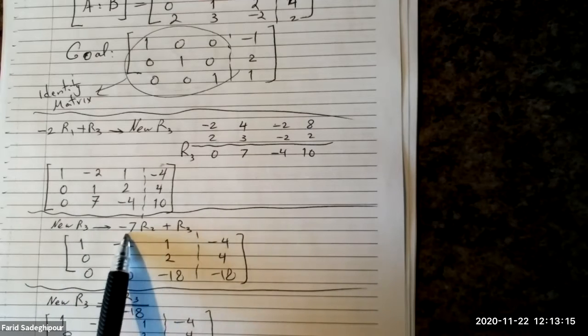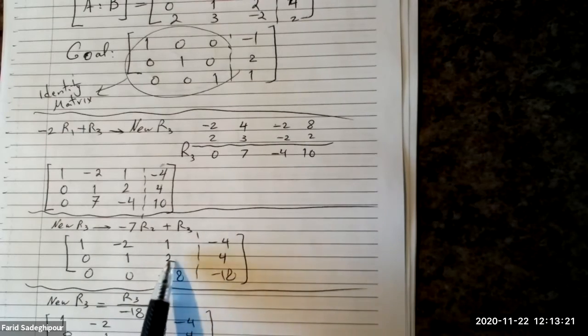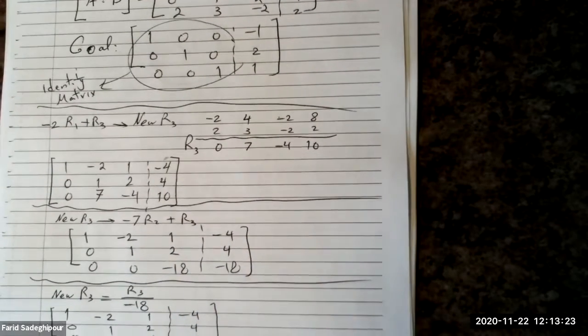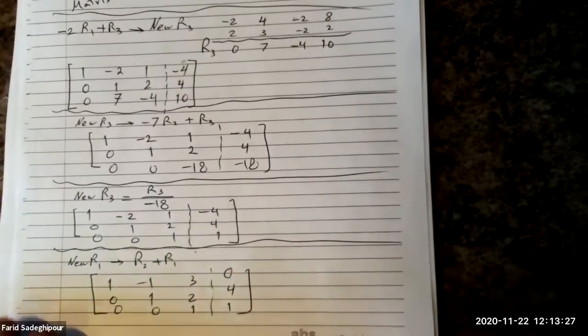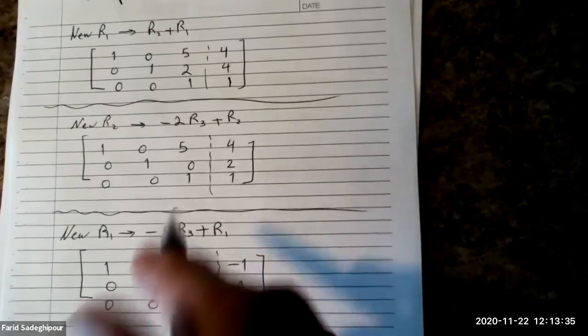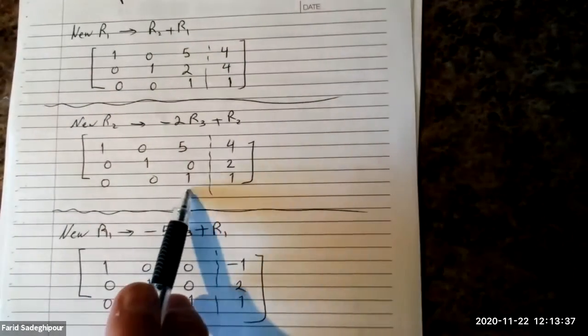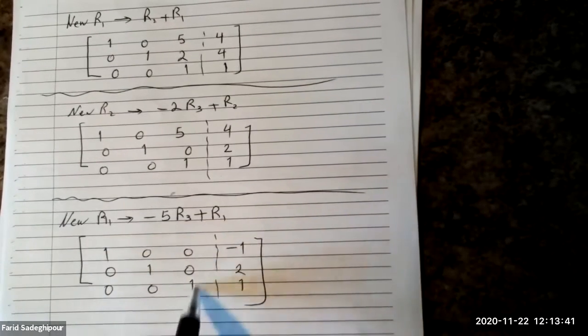I take R2 and multiply by -7 plus R3. See, I have more 0 here, 1 1. Now I need to change this to 1, this 0 0 0, and so on. So if you follow this, and it goes to the second page, I finally got to the point that this is my identity matrix.